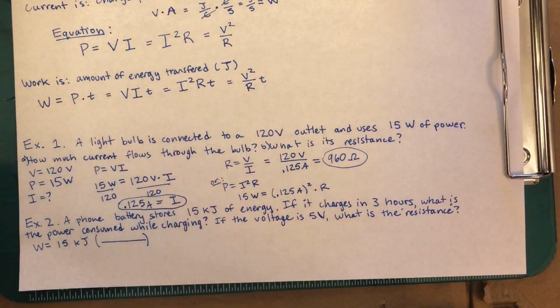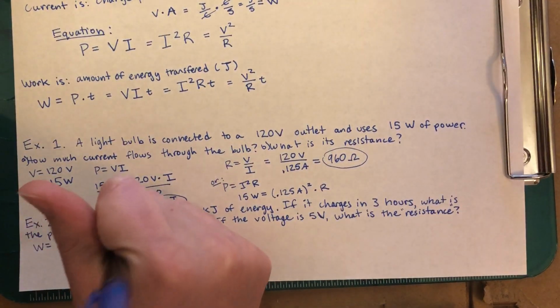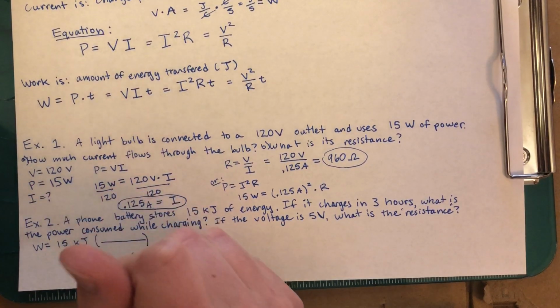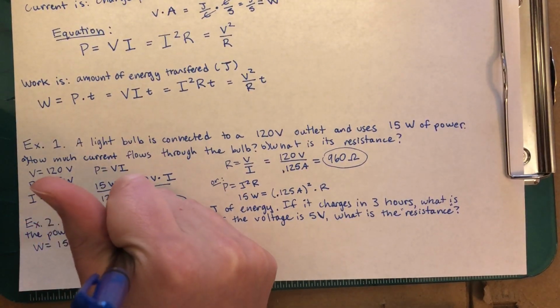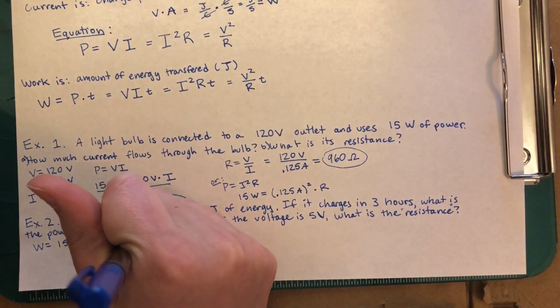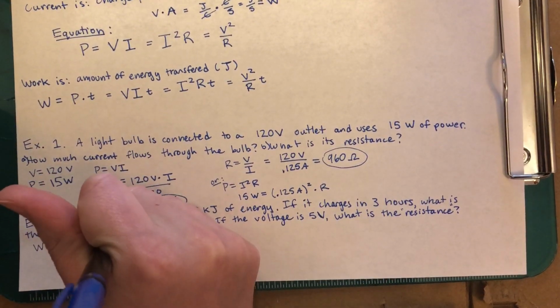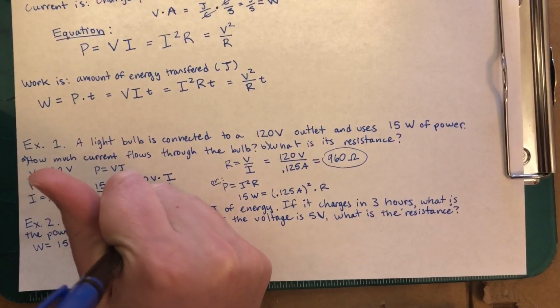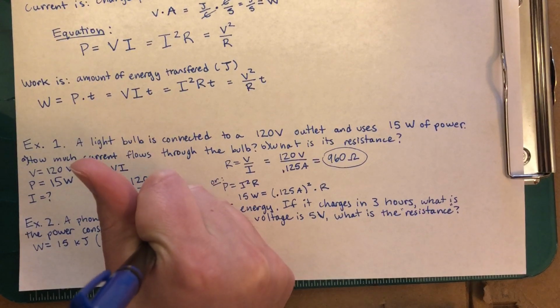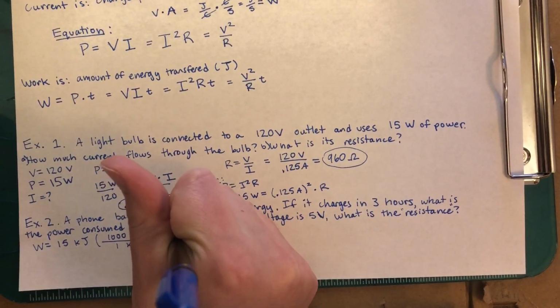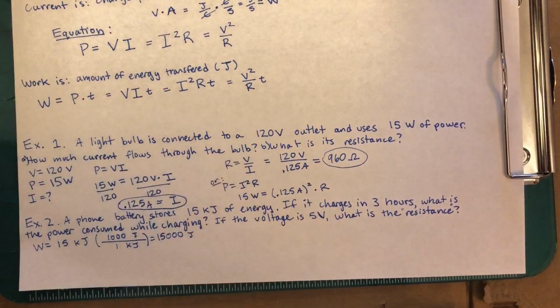But I want to put this in the normal units, so I'm going to convert to joules. Kilo means 1,000. So 1 kilojoule equals 1,000 joules, and this is 15,000 joules. That's the work.